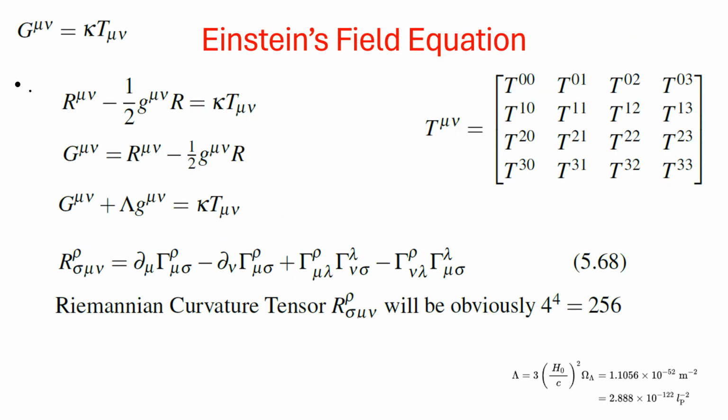And then Einstein's field equation I am going to put forth to you. R mu nu minus 1 by 2 g mu nu into R is equal to kappa times T mu nu. This whole quantity is called the Einstein tensor G mu nu, and G mu nu plus capital lambda, the constant given by Einstein, the cosmological constant, into g mu nu equals kappa times T mu nu.